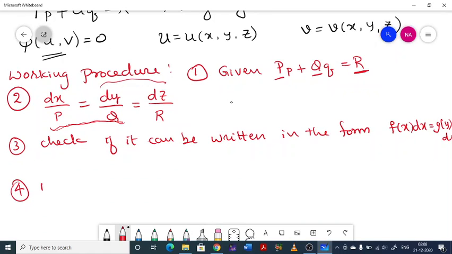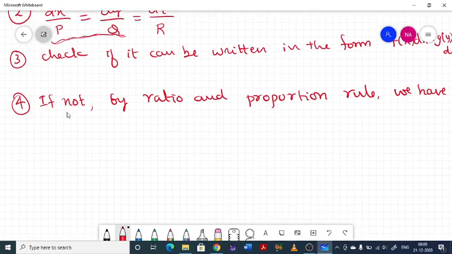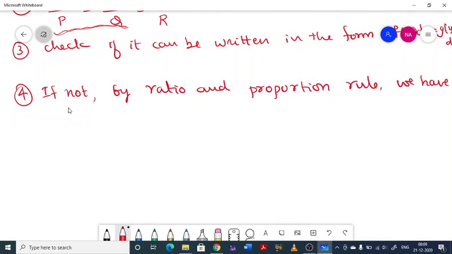If not, by ratio and proportion rule, I'll write that rule here. We have, see, from the ratio and proportion rule we have this one, a1 by b1 equal to a2 by b2.